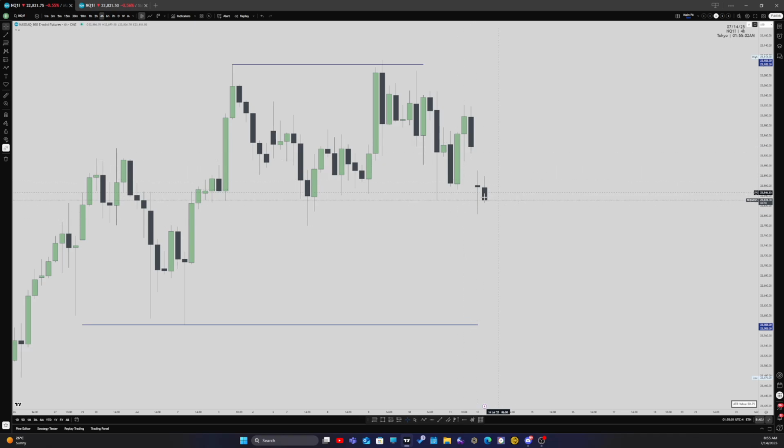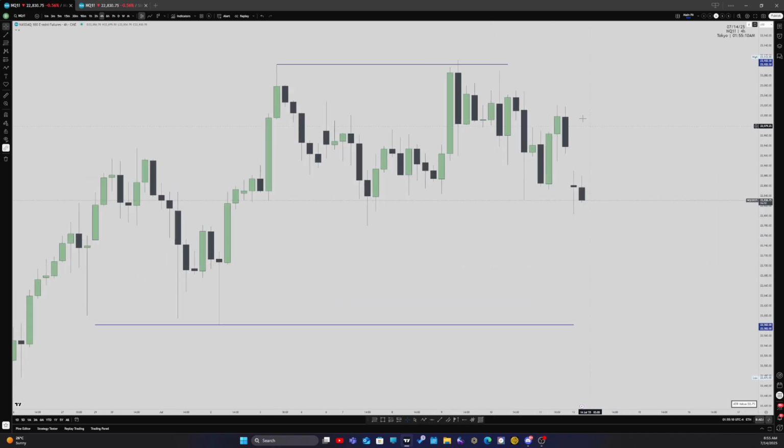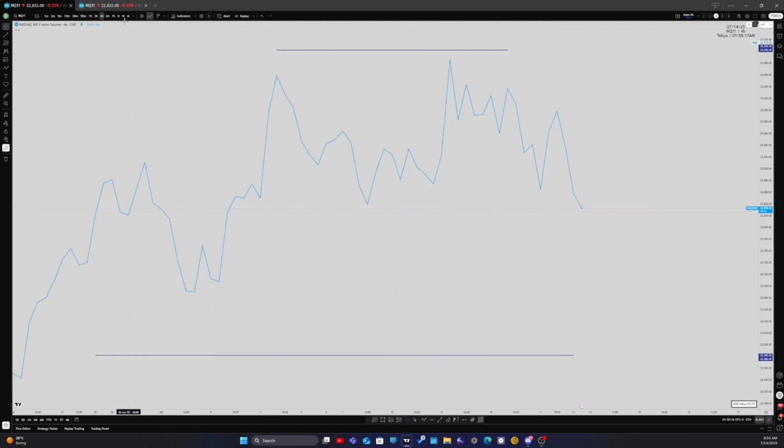We have a gap, and if we look at relevant levels here, let's do something like this. And this is a nifty trick that I learned a while back when I first started trading.